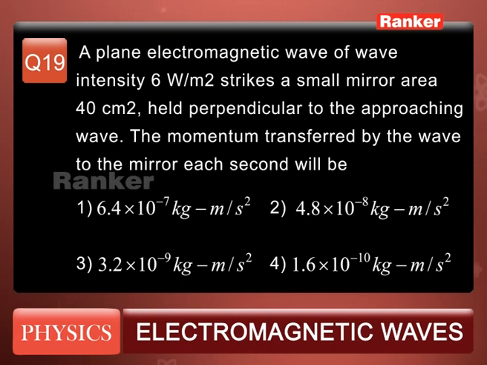The momentum transferred by the wave to the mirror each second will be: the first option is 6.4 into 10 power minus 7 kg meter per second square, the second option is 4.8 into 10 power minus 8, the third option is 3.2 into 10 power minus 9, and the fourth option is 1.6 into 10 power minus 10 kg meter per second square.